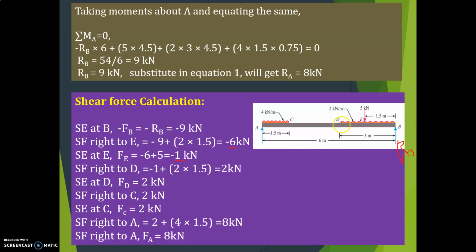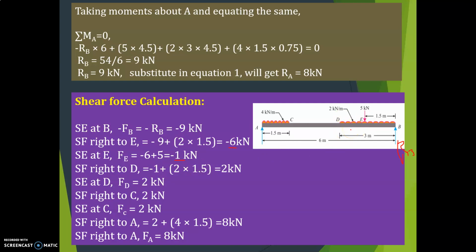Next, shear force right to D. Till here it is minus 1 plus 2 into this distance. Now only this distance we have considered, because I have already considered till E, that value is minus 1. So minus 1 plus 2 into this distance.